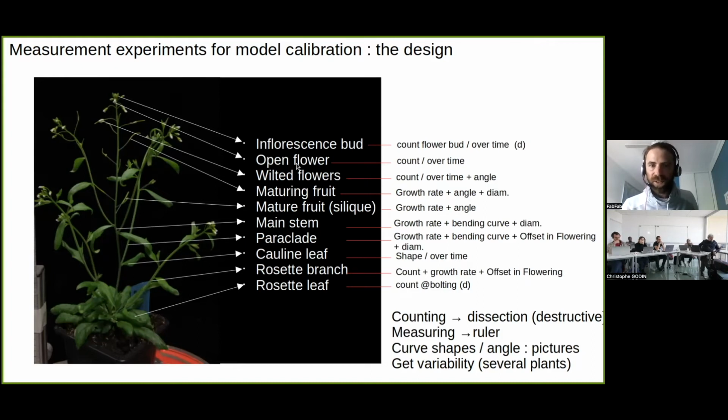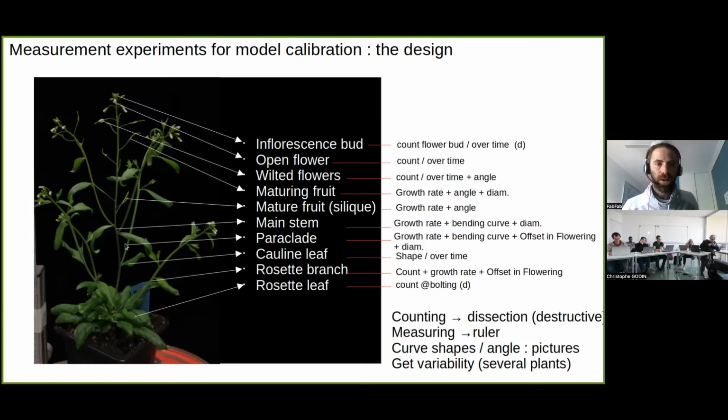So I don't know if I described all these different things, but the idea was to derive a mixture of counting and growth rates. The idea was to measure directly with a ruler, for example, the different lengths at different time points, so to make a time course experiment, and also some complex phenotypes.